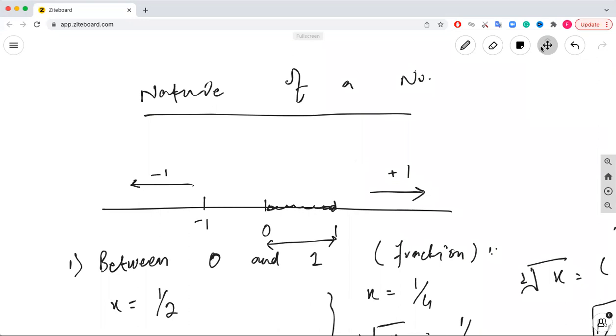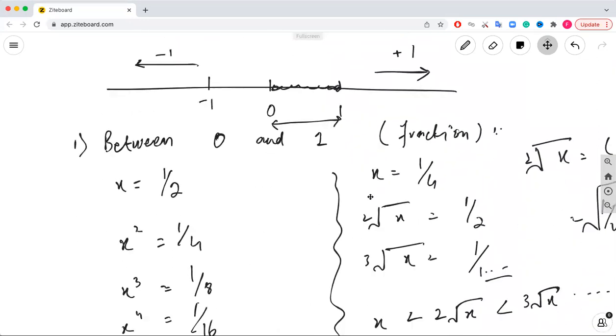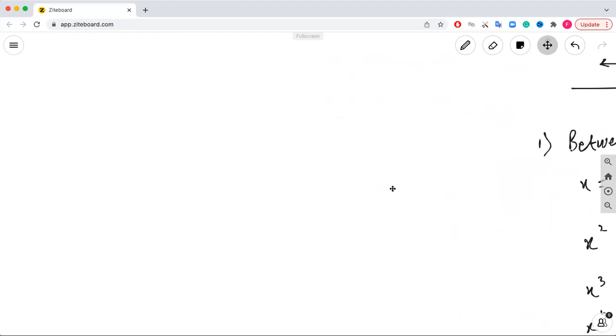Now, the other range, values greater than 1. First, we discussed a value between 0 and 1. Now, if I take a value greater than 1, let's suppose we have taken x as 2.